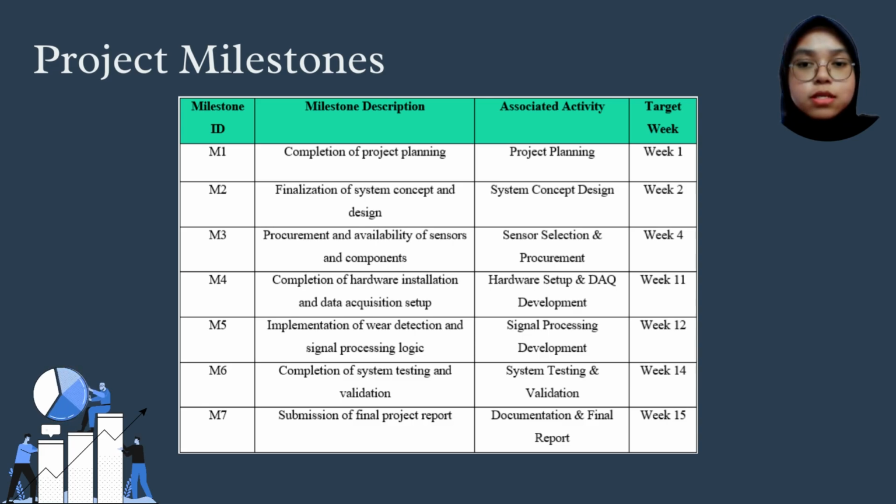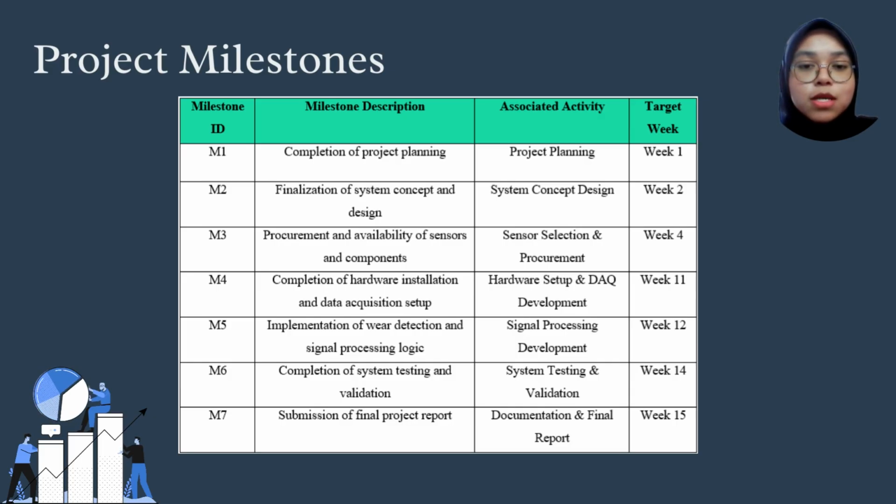For this slide, I'm going to present about the project milestones, which are important for us to check and measure the progress of the project. Each milestone represents the completion of a major stage and helps ensure that the project always stays on track. The first milestone is the completion of project planning in week 1, where the project goals, schedule, and responsibilities are clearly defined.